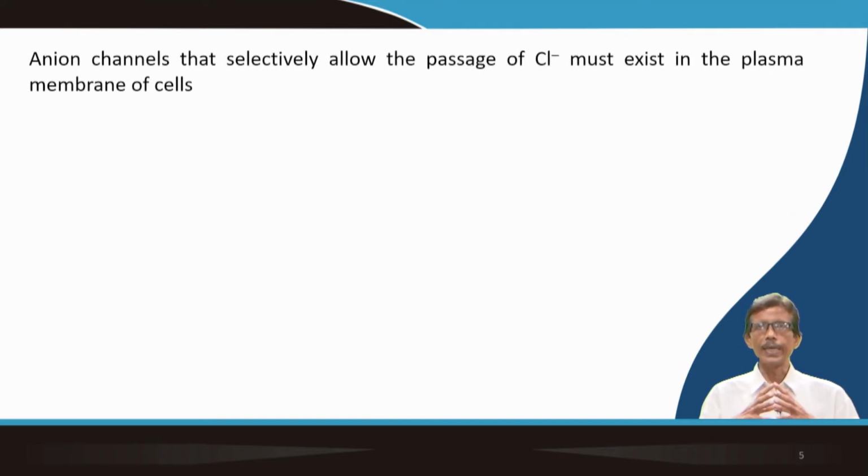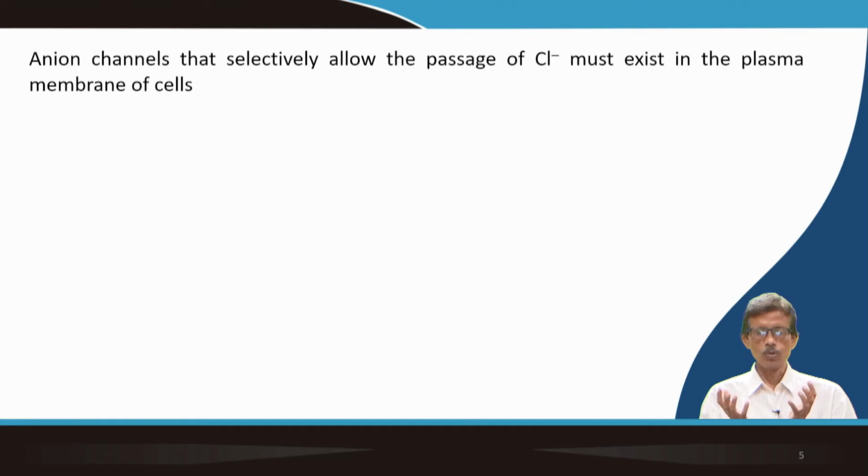Earlier we learnt about the sodium ion and the potassium ion, that you can have the corresponding cationic channel. Similarly, you can have the anionic channel. So, how can these anionic channels be developed, which allow the movement of chloride? The channel itself tells us that you have a passage through the plasma membrane of cells.